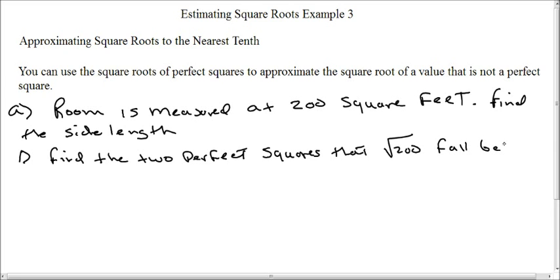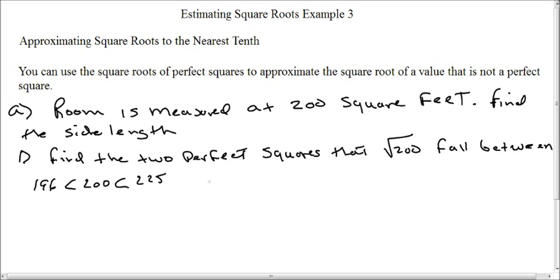Now, the reason why we're saying that is because we're looking at our perfect square list and we see that 200 is not a perfect square. But as we look at the list, we see that 196 is there, and 196 happens to be less than 200. And we also see to the right of 196, we see 225.